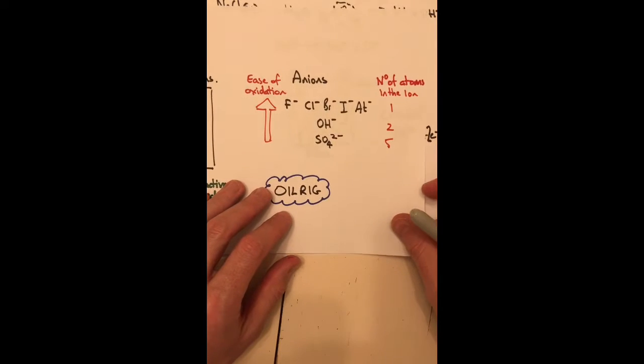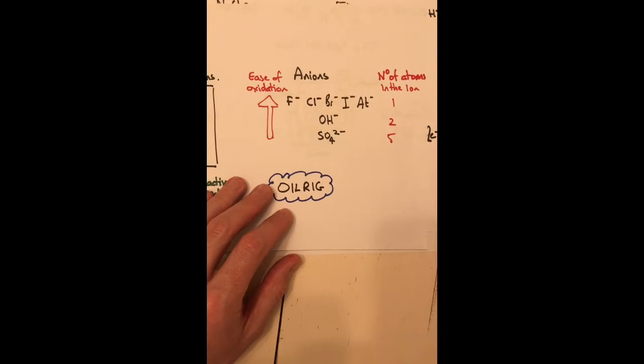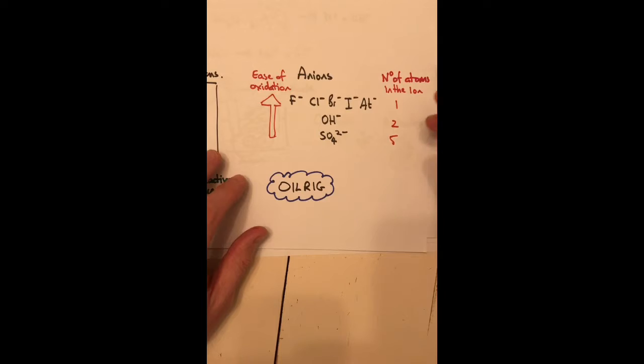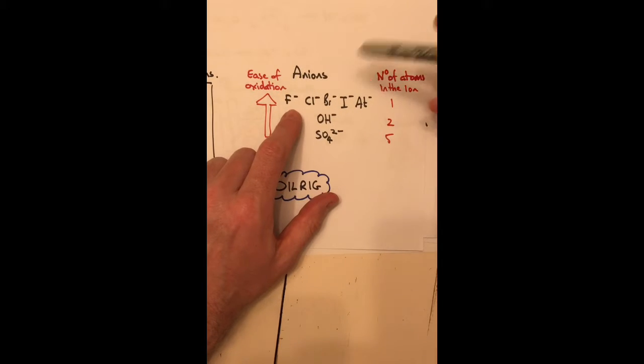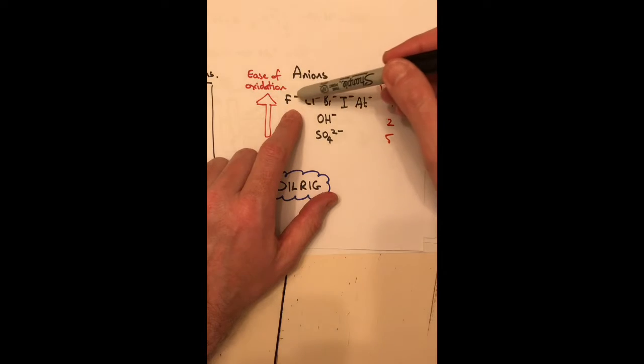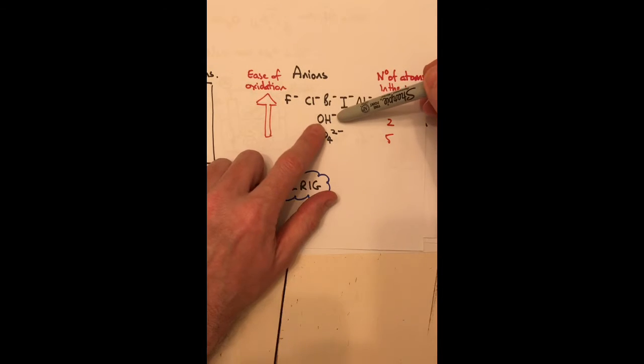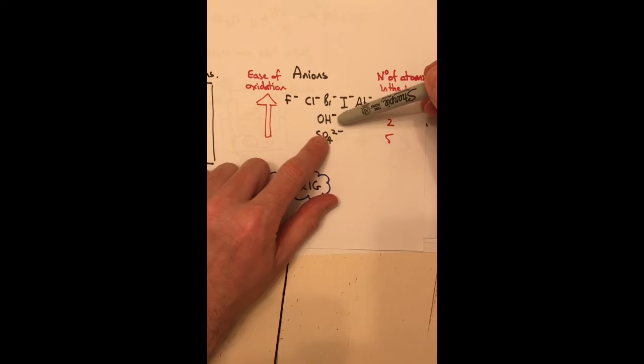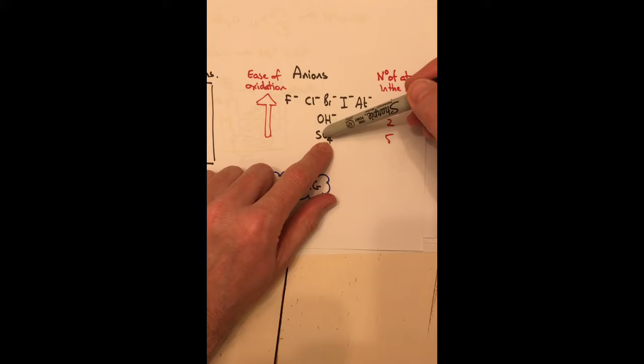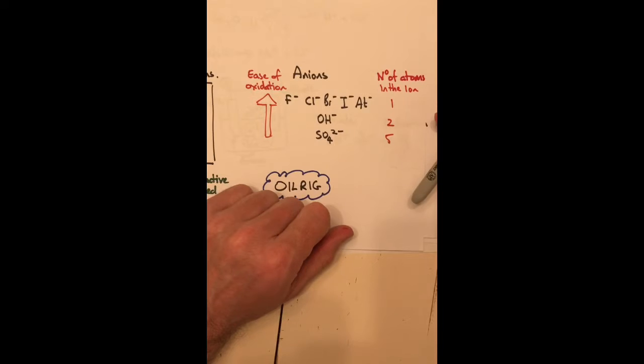We're going to bring in the second half of this little sheet to help us. So here's a list of all the anions that we need to be aware of. The top row are all my single charge, they're all my halide ions. Underneath that we've got a hydroxide ion, and underneath that we have a sulfate ion, which is a 2- ion.